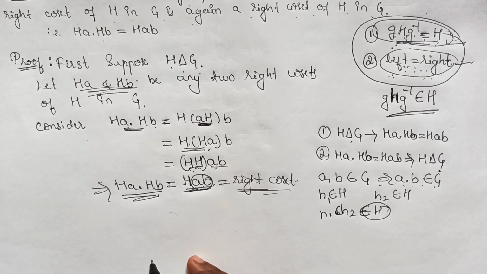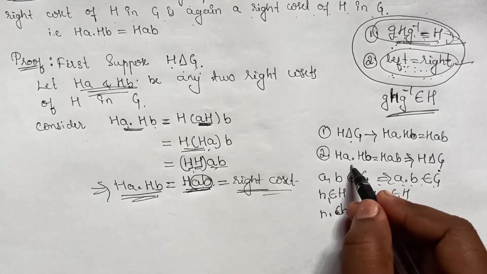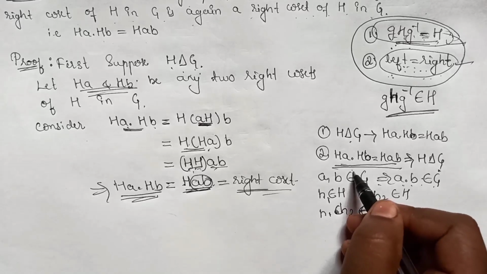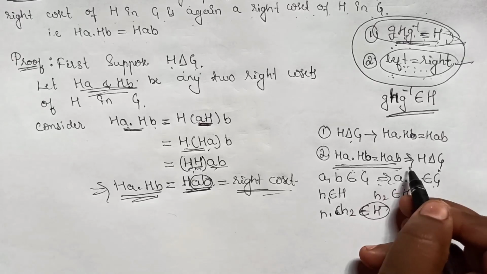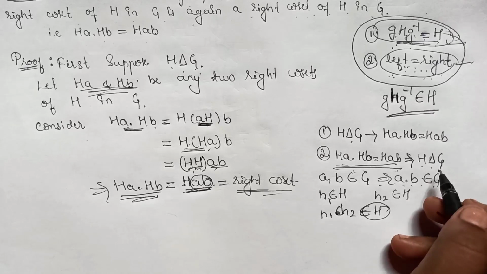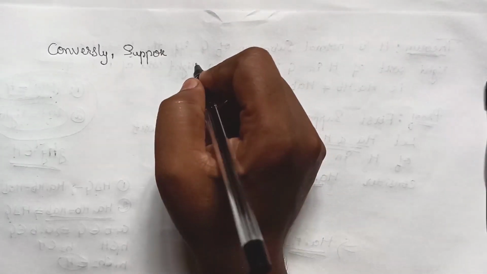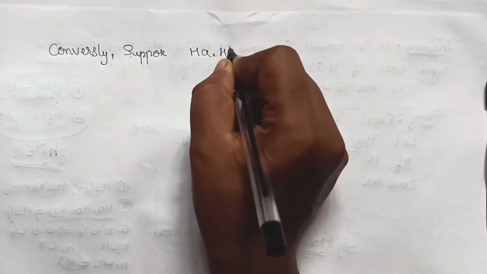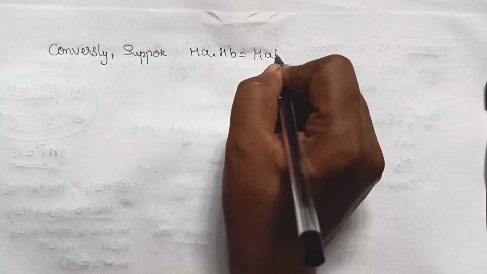Next we have to prove the second part, that is we have to assume this condition, that the product of two right cosets is again a right coset, then we have to prove that H is normal to G. Firstly, suppose the product of two right cosets is again a right coset, that is HA dot HB equals HAB. Consider this as equation 1.